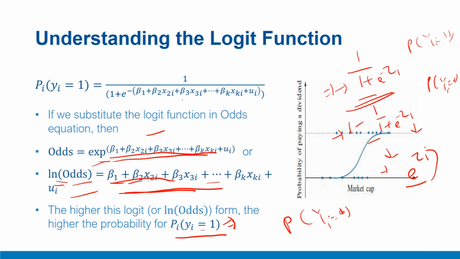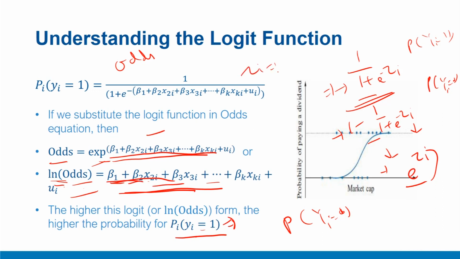To summarize, in this video, we discussed the logit function in greater detail. We transformed the logit function and related it to the familiar odds ratio. We already know that odds ratio is the ratio of two events where the numerator is the event of interest and denominator is the opposite event. We found that natural log of odds is nothing but the same linear function, which is zi.